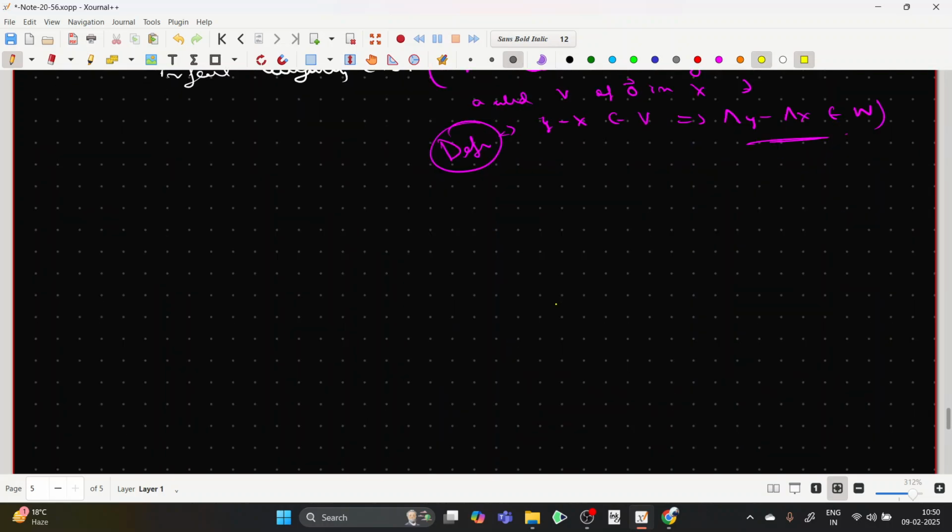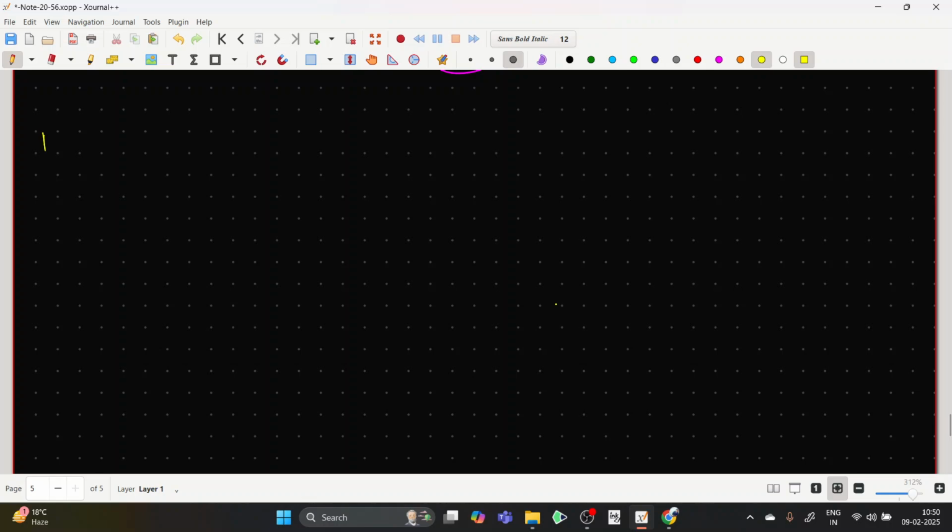Let us quickly prove this out. The proof is quite simple, because as we know, we can just scale out using these linear maps. So what do I do?